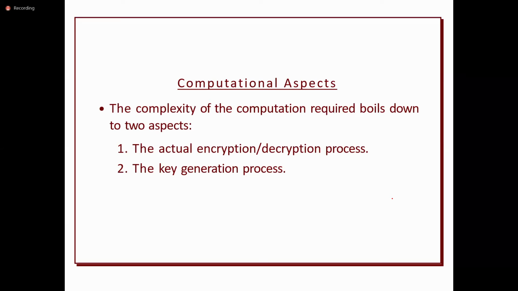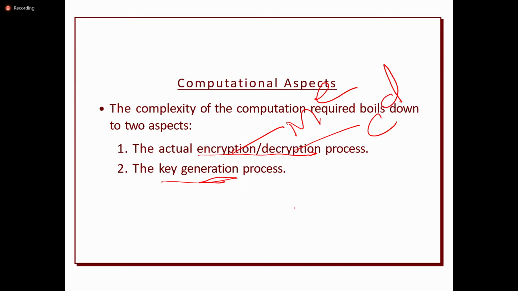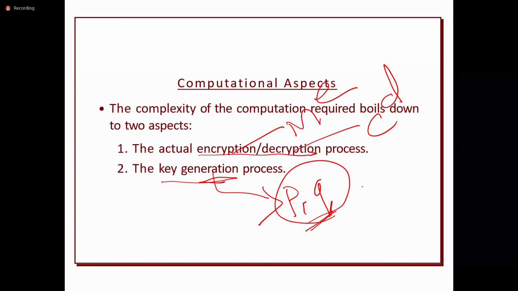So in RSA, the main procedures are the encryption and decryption, and how the key is generated. Encryption uses the exponentiation M power E, whereas decryption uses the exponentiation C power D. For key generation, the first step is that the receiver should select two prime numbers.